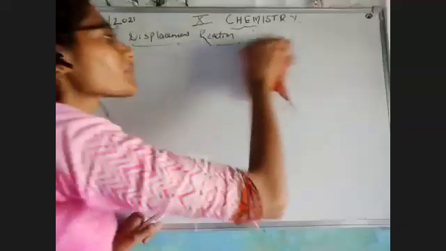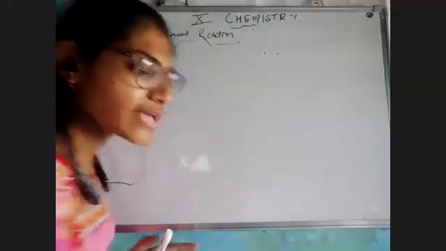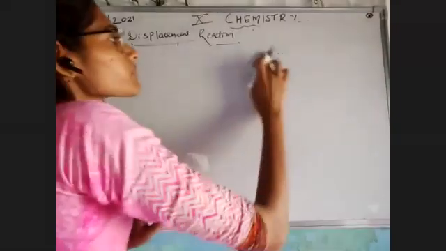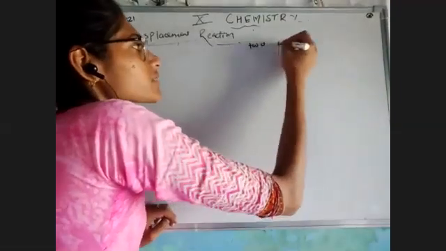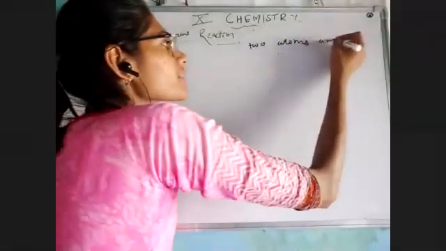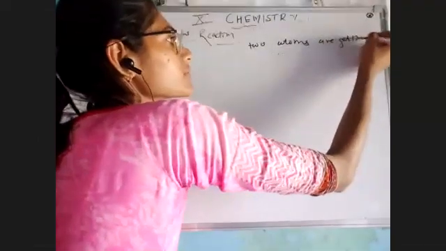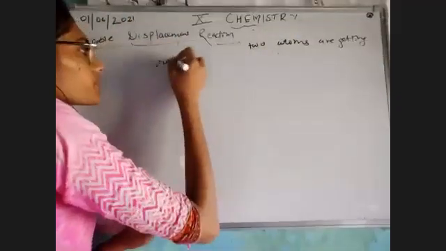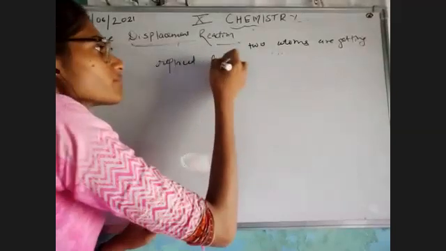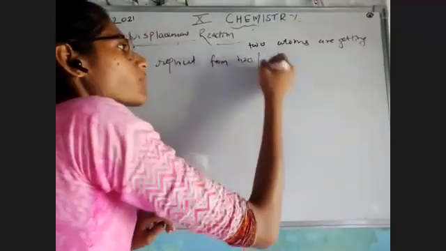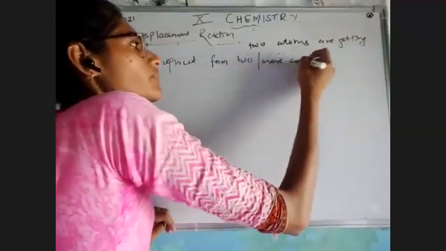The double displacement reaction is a reaction in which two atoms are getting replaced from two compounds, two or more compounds.